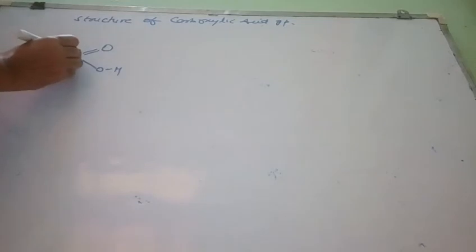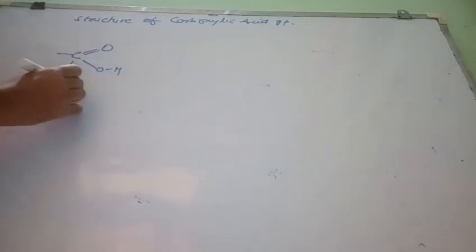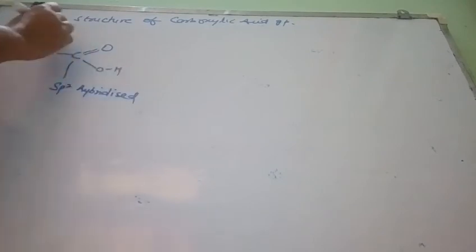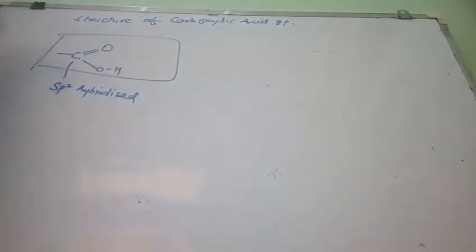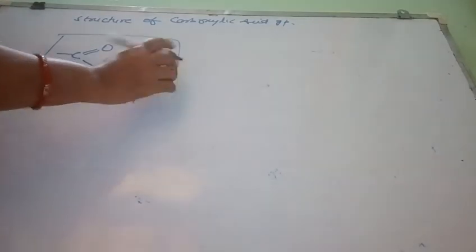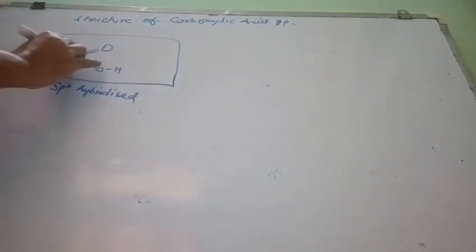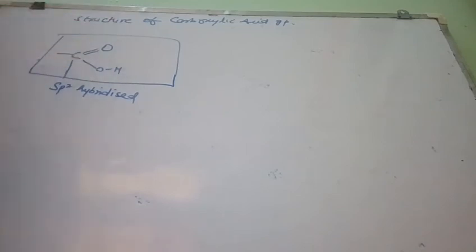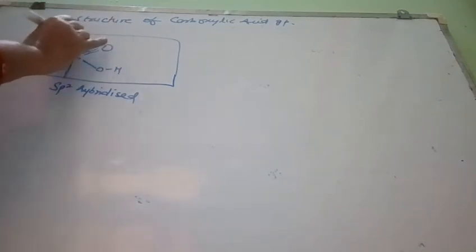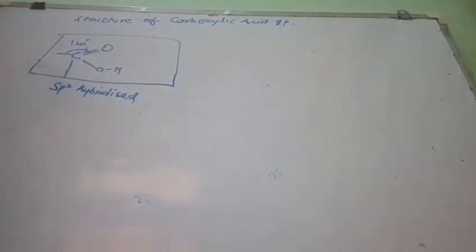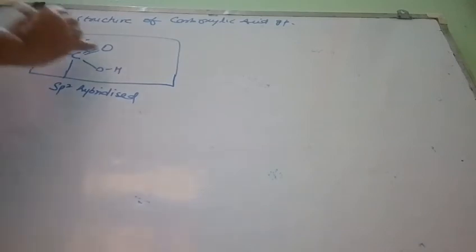So this carbon is sp2 hybridized. Now you know that an sp2 hybridized carbon is present in one plane, right? It is a planar structure. So this is a planar structure with all these angles of 120 degrees, because this is sp2 hybridized, so the bond angle will be 120 degrees, right?